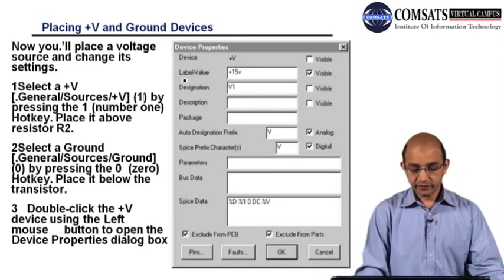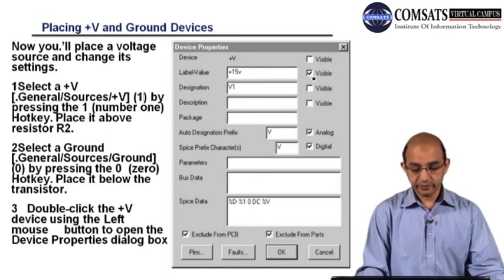Here you can see we have device, this is a sort of voltage source, this is the labeled value, designation, and you can have different combo boxes and check boxes.